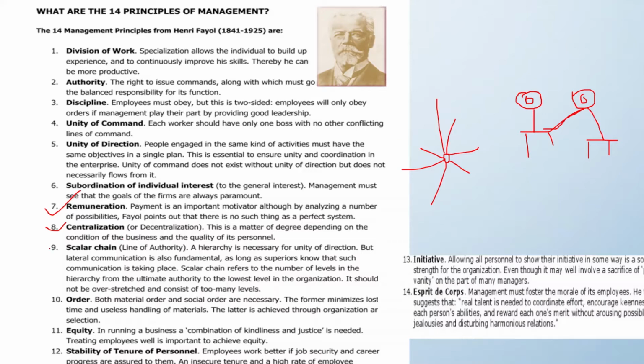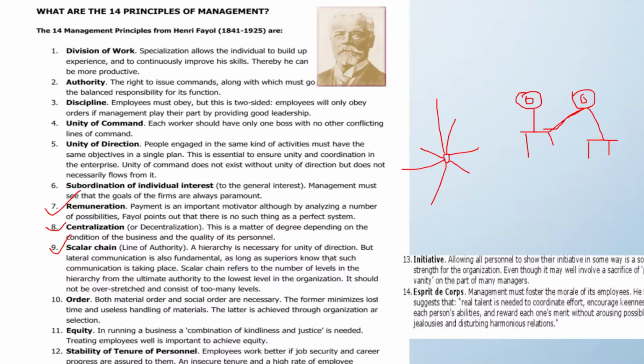Next is scalar chain, the line of authority. When we are done with decentralization, we have to draw the lines of authority, a hierarchy which is necessary for unity of direction. But lateral communication is also fundamental, as long as superiors know that such communication is taking place. Scalar chain refers to the number of levels in the hierarchy from the ultimate authority to the lowest level of the organization.